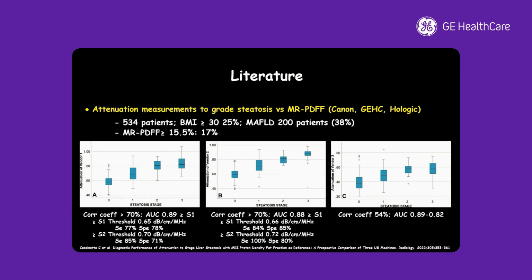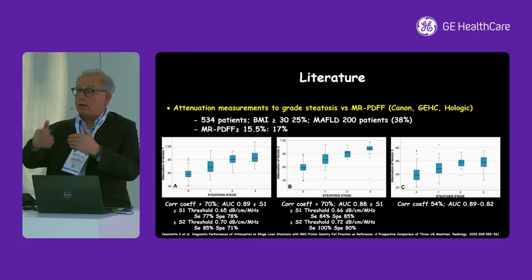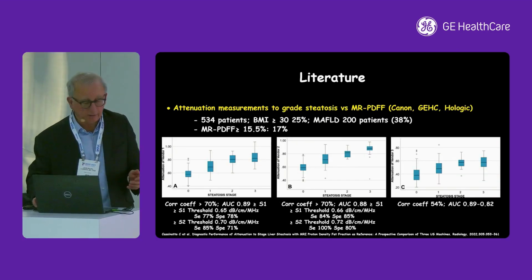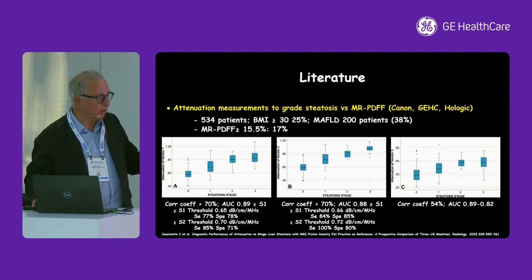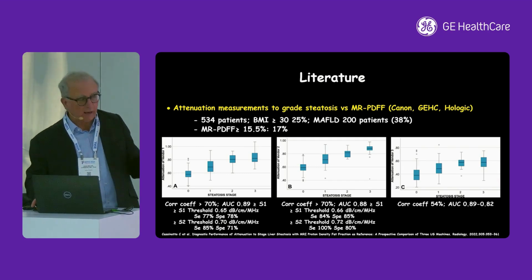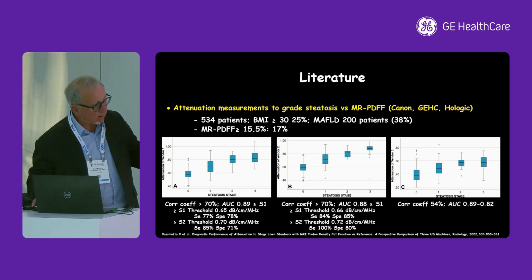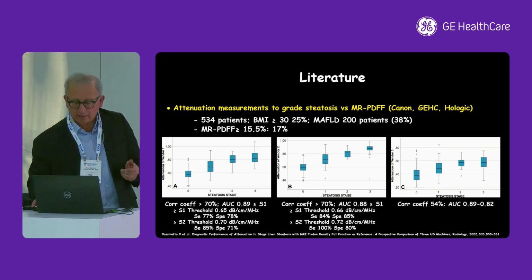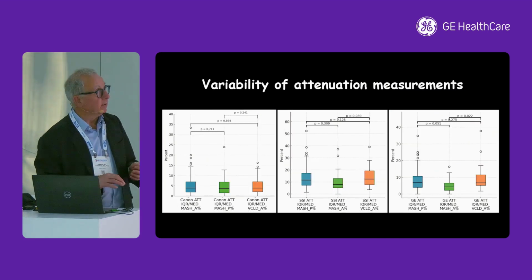And you see that the performance of the three systems is very similar to what we did. In fact, we tried to reproduce the study. The numbers are slightly lower than what we had, and I can explain why at the end.